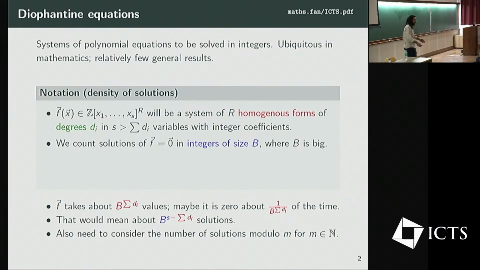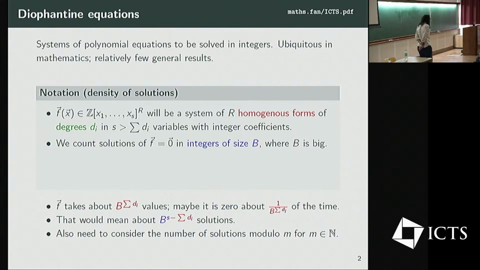The variables are of size capital B, and so the form has size around capital B to the d_i. The variables are whole numbers, the coefficients are whole numbers, so the form f_i is a whole number of size around capital B to the d_i. So we look at the number of possibilities for the whole vector, and it's the product of the number of possibilities for each component f_i, so that's B to the sum of the degrees.